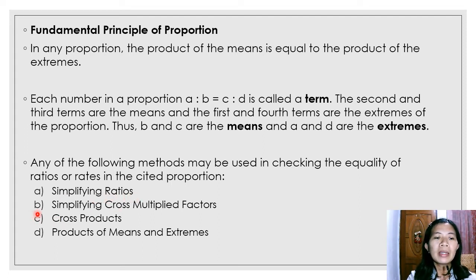B, simplifying cross-multiplied factors. Letter C, cross products. And letter D, product of means and extremes. We will use these four methods in checking the equality of the ratios or rates cited in the proportions.